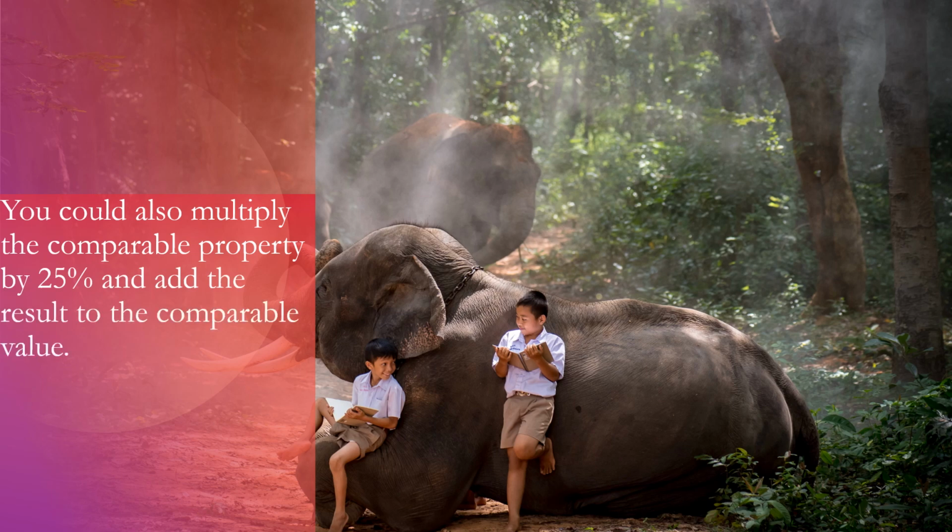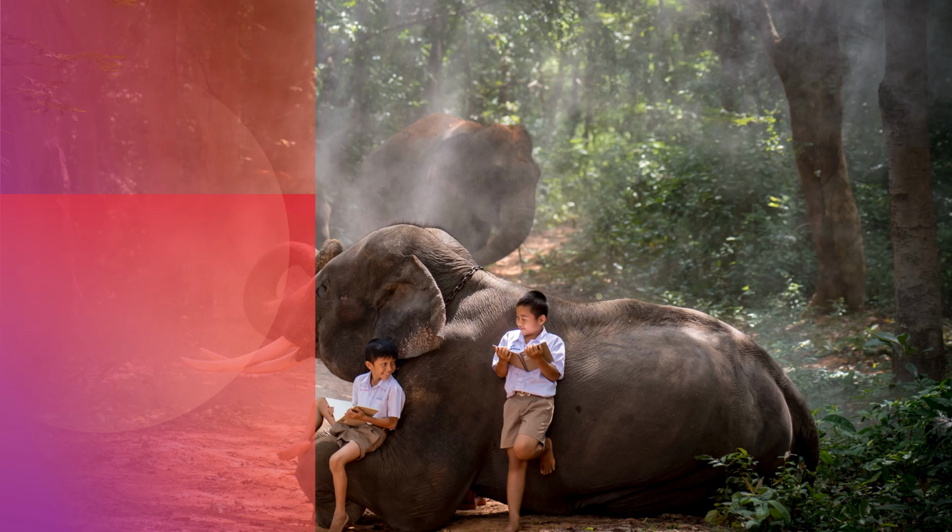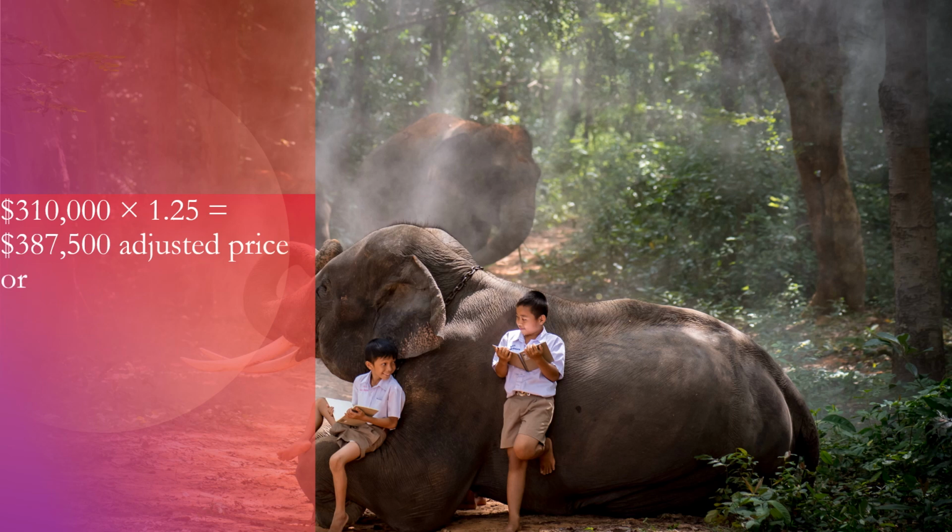You could also multiply the comparable property by 25% and add the result to the comparable value. 310,000 times 1.25 equals $387,500 as the adjusted price.